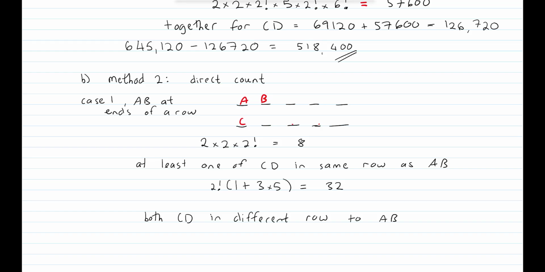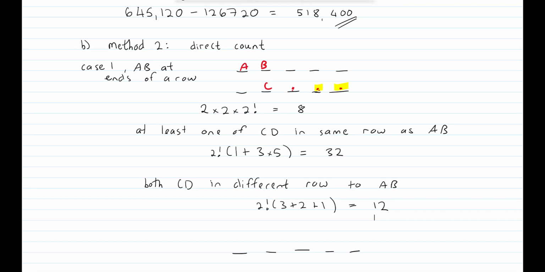Then I've got 3 spaces, either 1, 2, 3, for D. So we have 3, but then if I start C in position 2, say there, then there's only going to be 2 spaces left for D, and so on. And then if I put C in the third seat of that second row, then D has to go in the last seat, so 1. And then as before, we times by 2 factorial, so CD or DC, and that's going to equal 12.